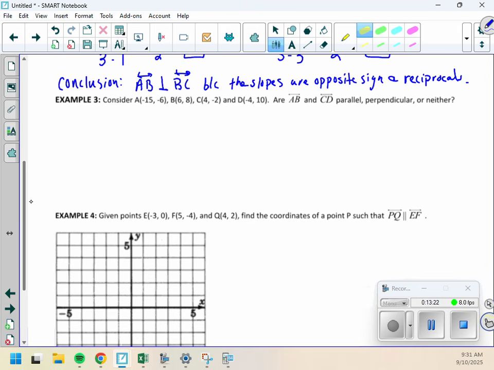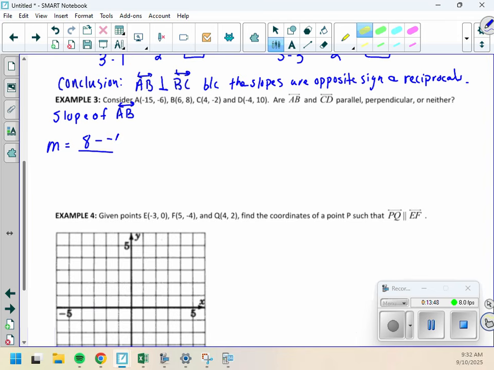So start with A and B. M equals, we subtract the y's first. The y's go on the top. So 8 minus a negative 6 over, and then the x's are 6 minus a negative 15.